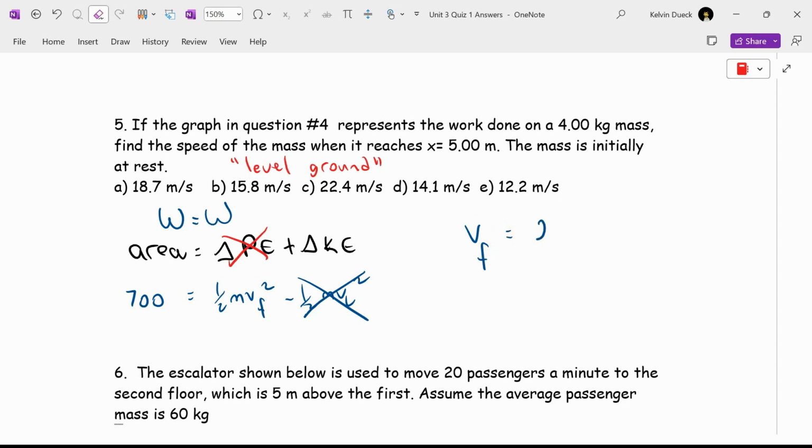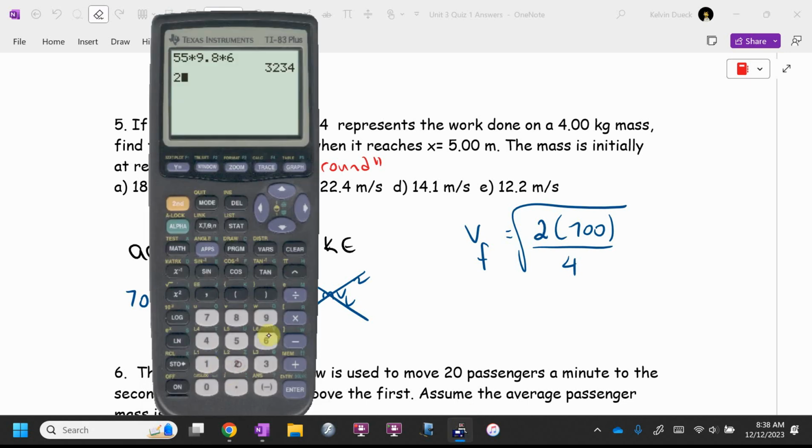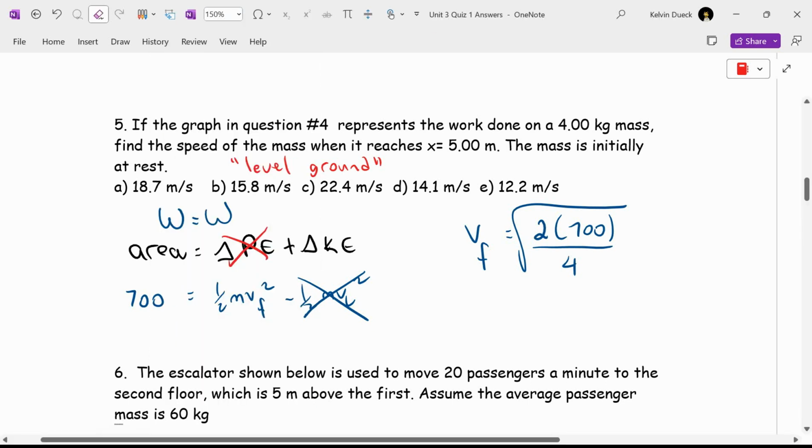V is going to be 2 times 700 divided by the mass, square root. 18.7. Does that show up there? Hey, there you go. It is A.